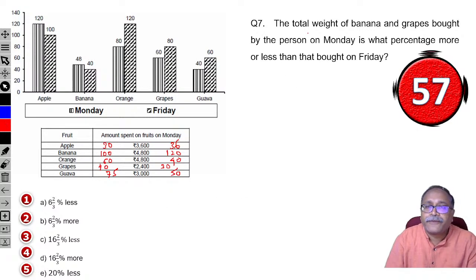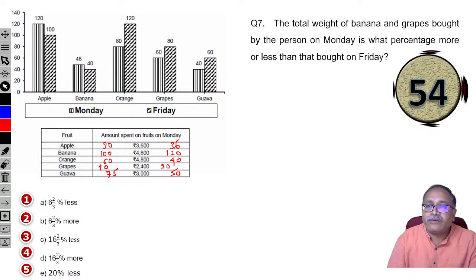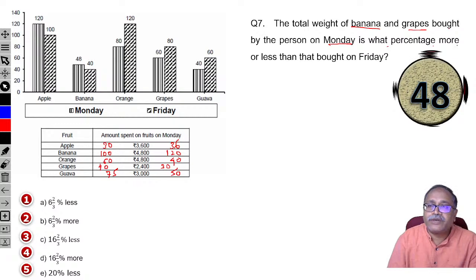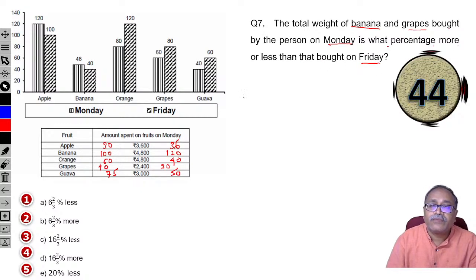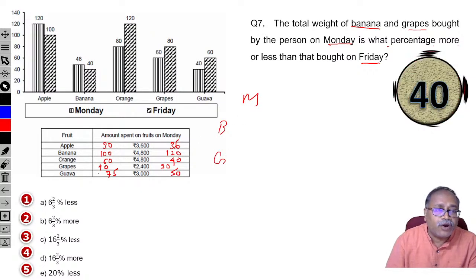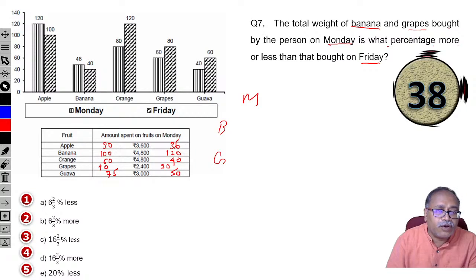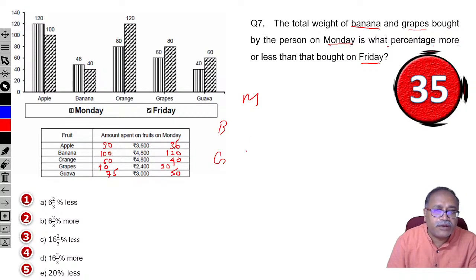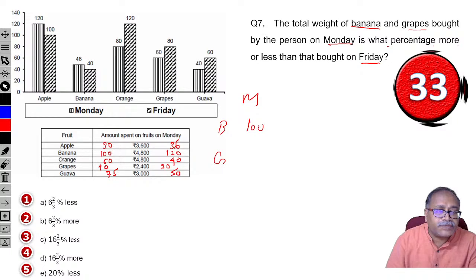What is question 7? The total weight of banana and grapes brought by the person on Monday is what percentage more or less than that of Friday? Okay, Monday banana and grapes. How much is banana on Monday? 100. Grapes 40.